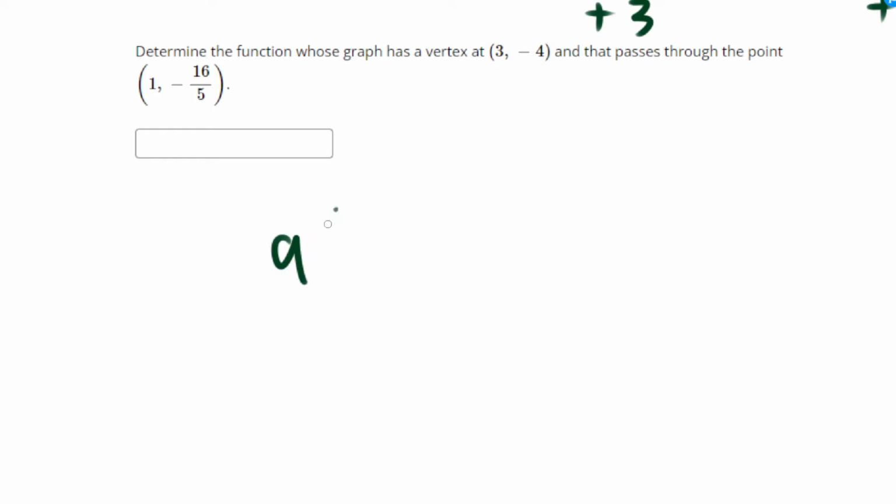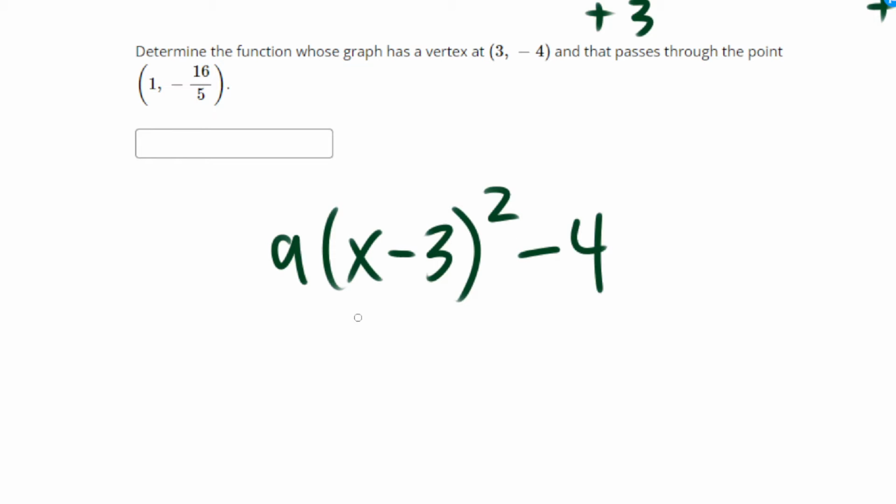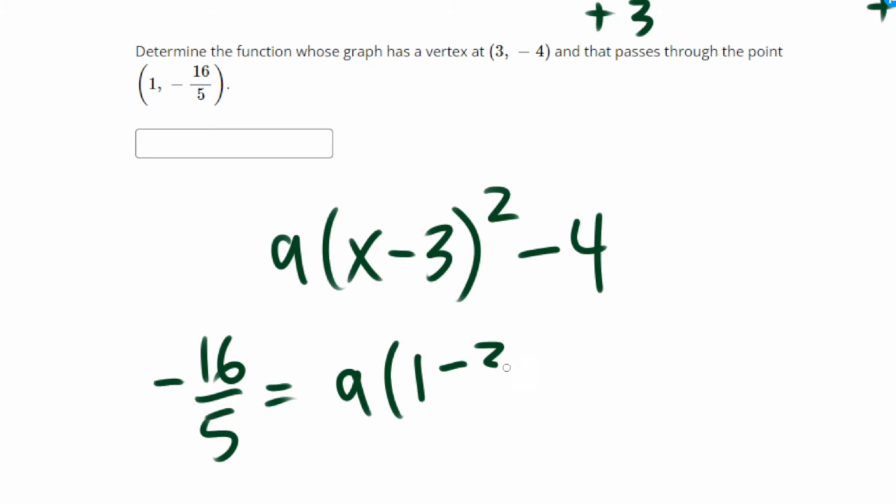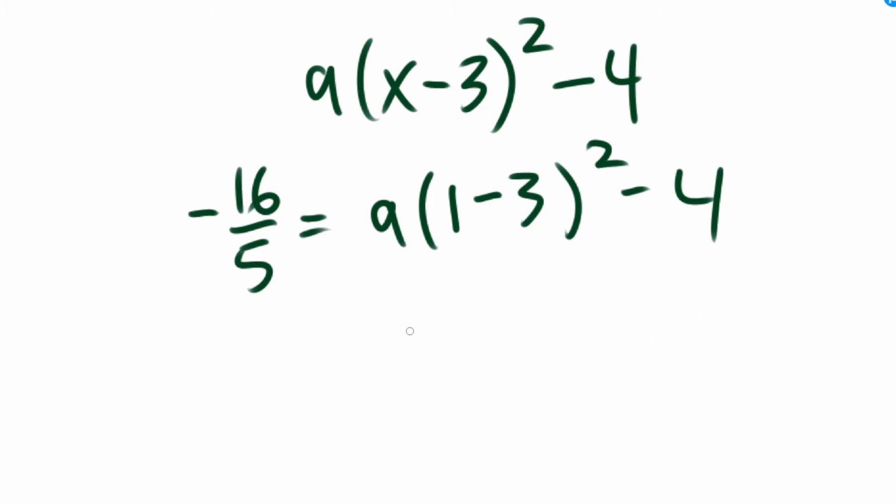We have a times x minus 3, because we're flipping the sign, squared minus 4. And then we'll do -16 over 5 is equal to a times 1 minus 3 squared minus 4. 1 minus 3 is -2, and -2 squared is 4. So we have 4a minus 4 is equal to -16 over 5.